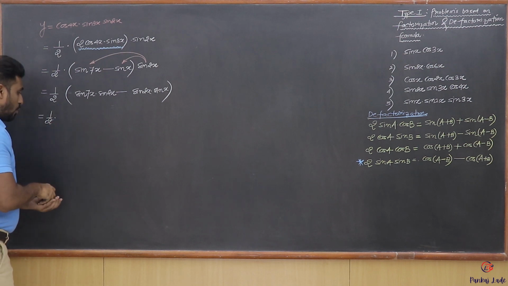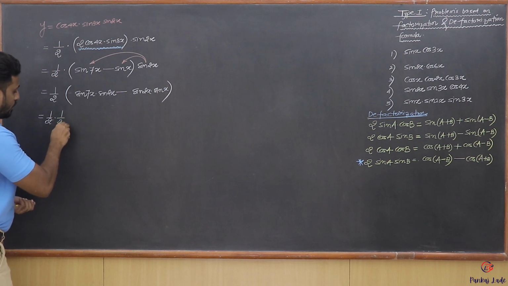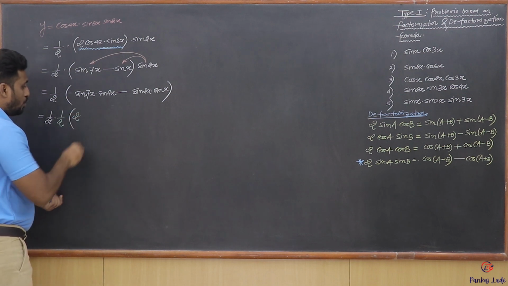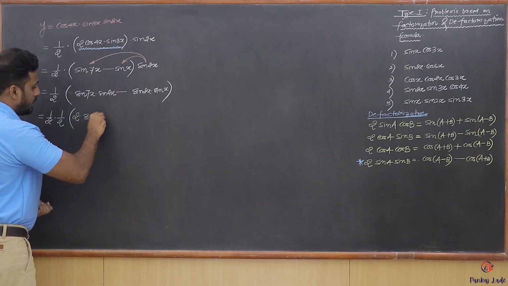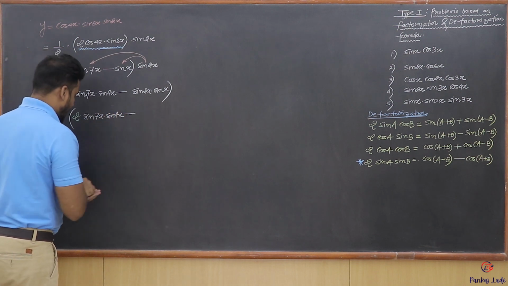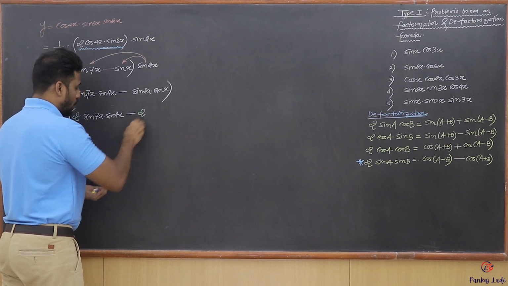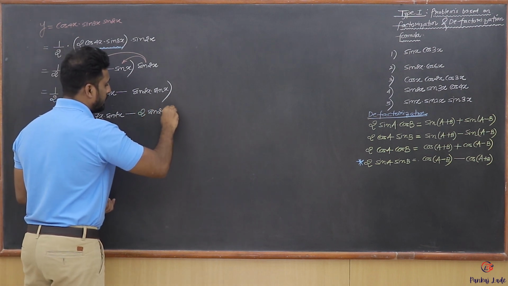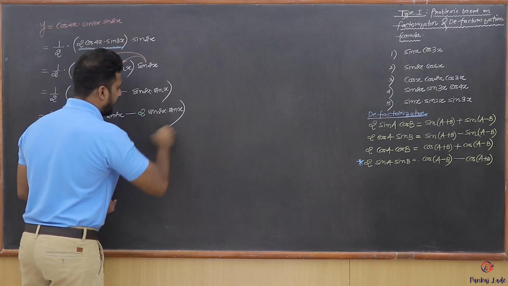I'm going to bring another 1 by 2. So let's bring this 1 by 2 and then inside the bracket I should be writing 2 sine 7x into sine 2x minus, again you write 2, you have sine 2x into sine x and you close the bracket.